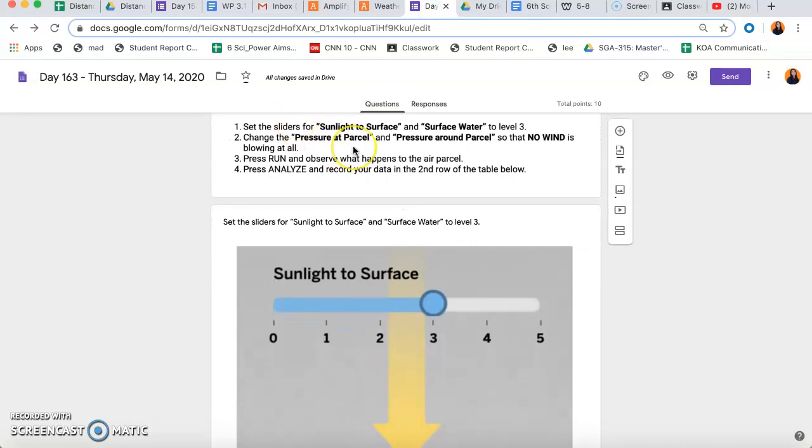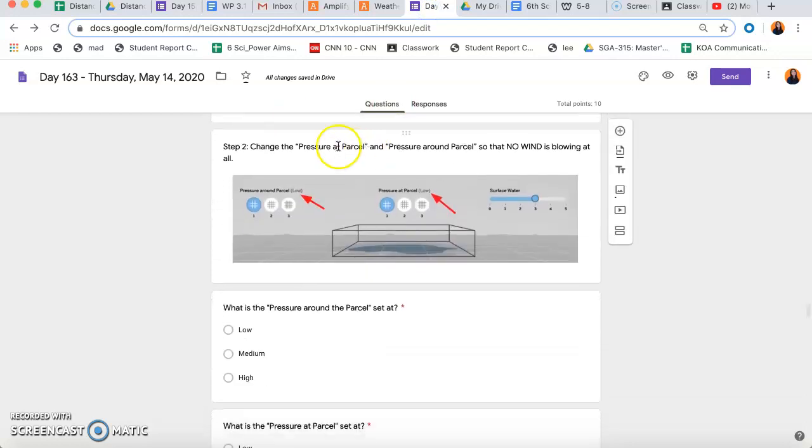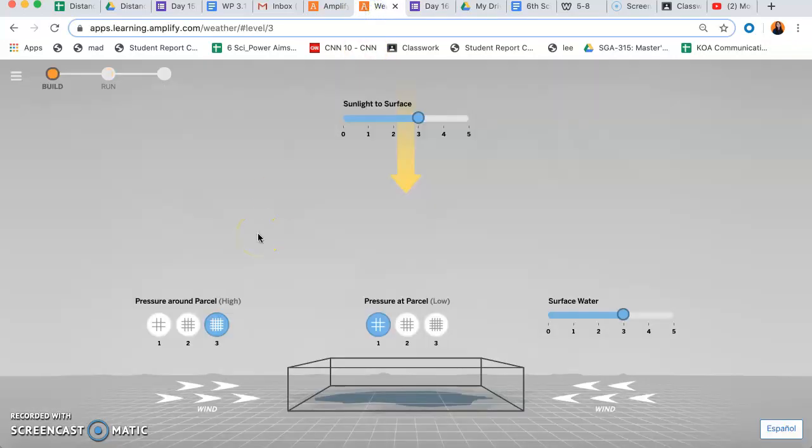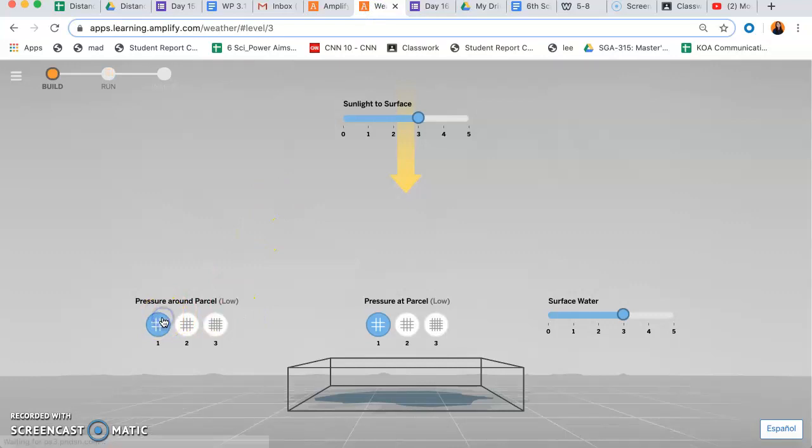I'm going to change the pressure at parcel and the pressure around the parcel so that no wind is blowing at all. Remember, I'm going to want the pressure around and inside to be the same in order for there to not be any wind. If the pressures are different, there will be wind. So I'm going to set both at low so that there is no wind.